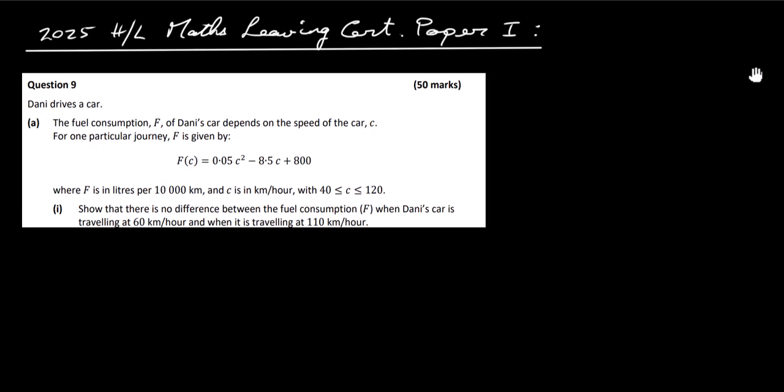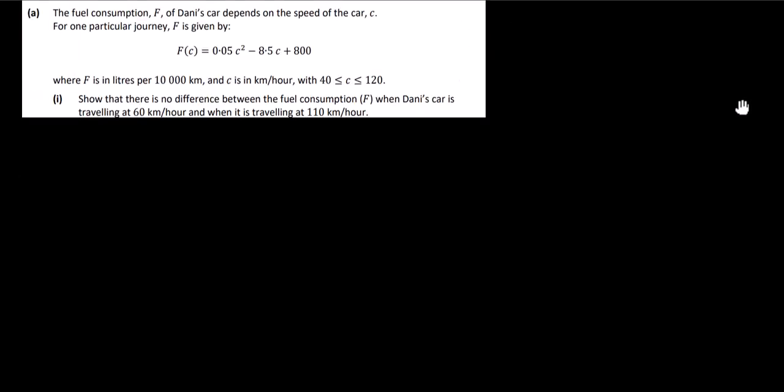Show that there is no difference between the fuel consumption F when Danny's car is travelling at 60 kilometers per hour and when he's travelling at 110 kilometers per hour. Okay, so all we got to do is put 60 and 110 into our formula. So we need to find F of 60 and we need to find F of 110.